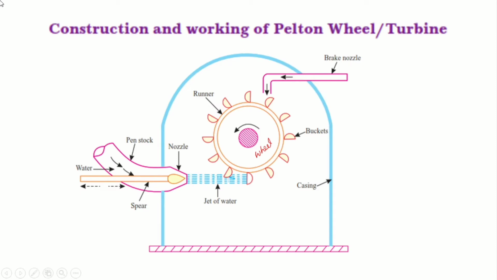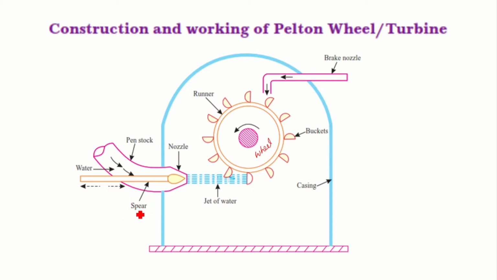The function of the nozzle is to convert the pressure energy to high velocity kinetic energy. This high velocity jet of water issuing from the nozzle impinges on the buckets provided over the wheel, so the wheel starts rotating.